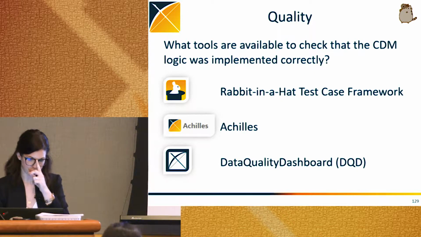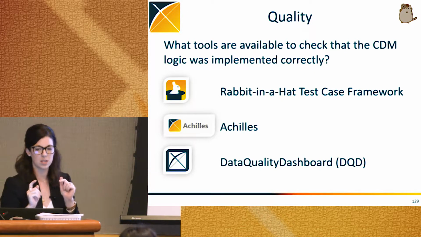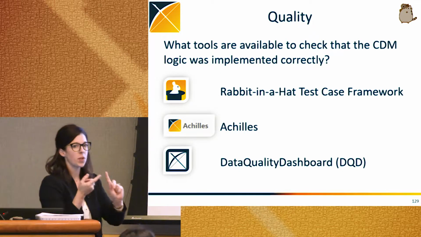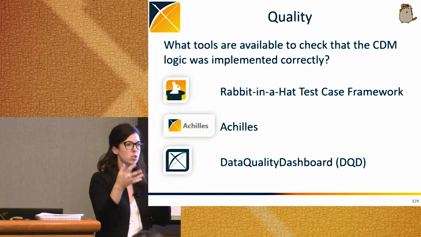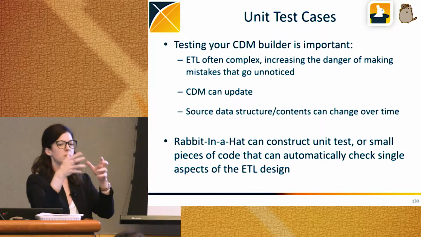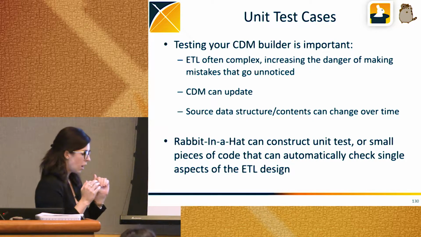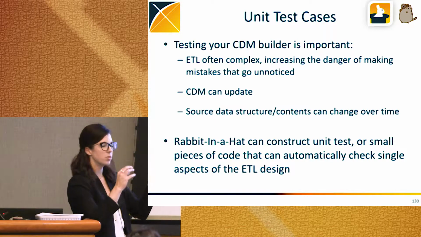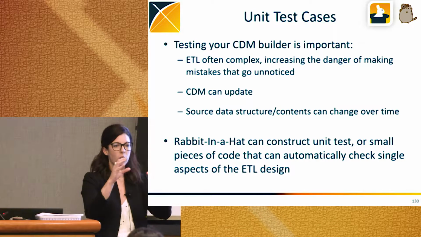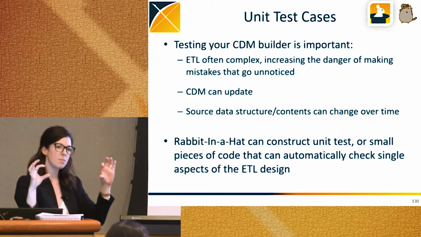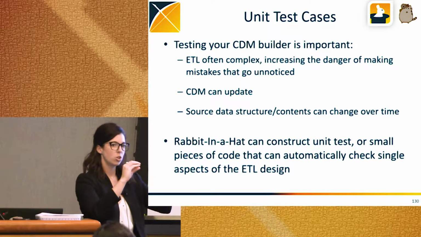Okay, so the first thing we're going to talk about is unit test cases. So this is a little bit different than something like Achilles or DQD that runs on your full CDM once it's done. What the unit test cases do is it's this framework built into Rabbit in a Hat, and it helps you create a really small little test database that looks just like your source database.